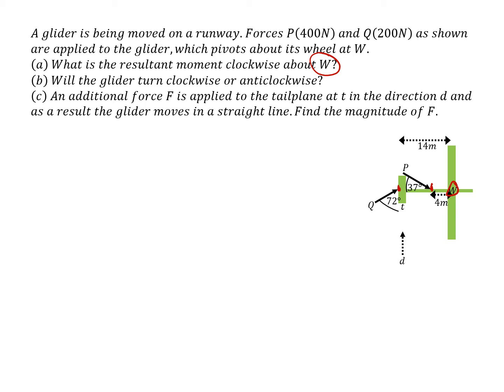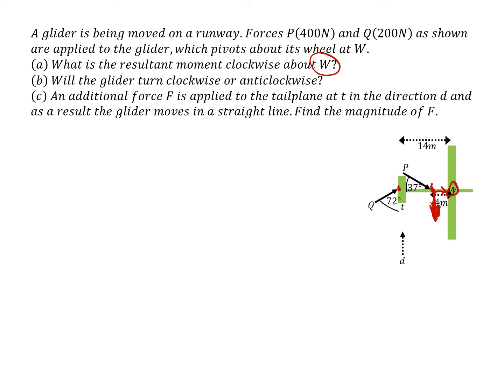If we look at the force P, it has two components. A component which is directly in line with W, and a component which is perpendicular to that line. So in terms of the moments, it's this component of the force which is having an effect on the moment, and that's an anti-clockwise moment.